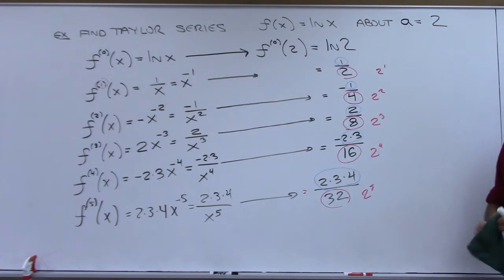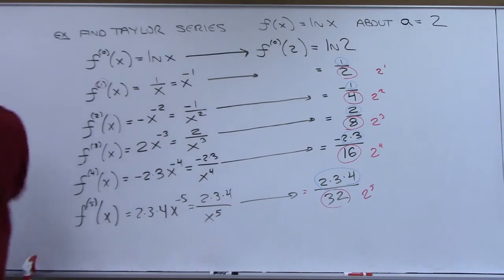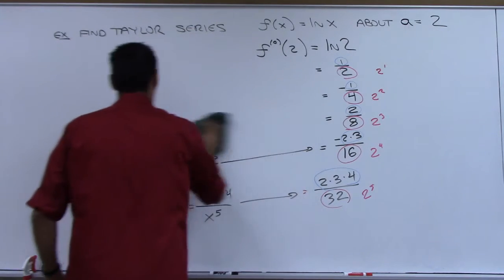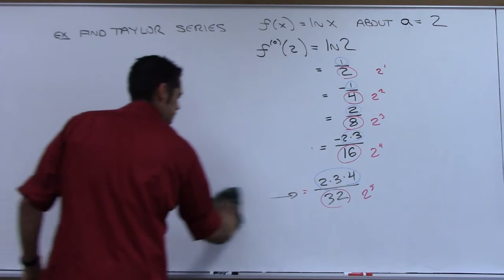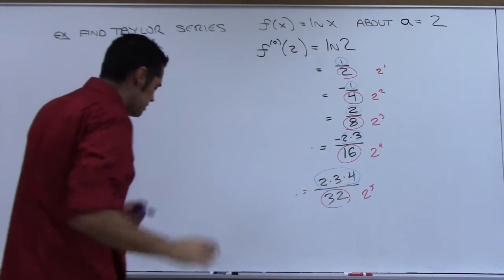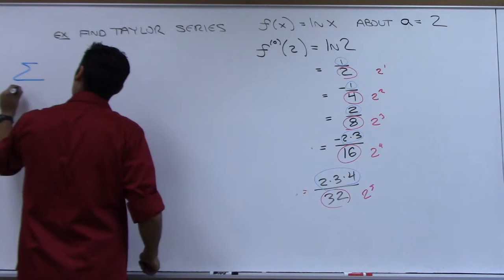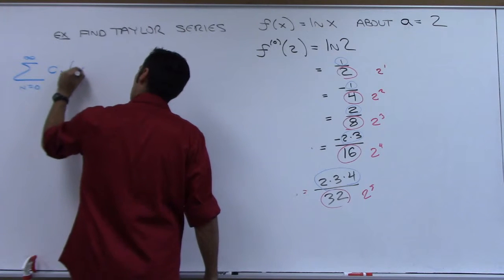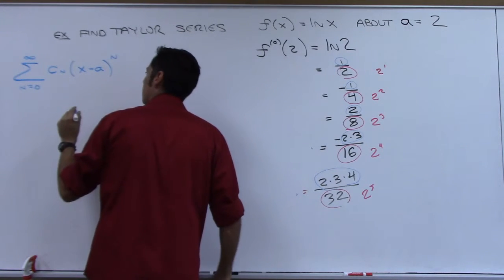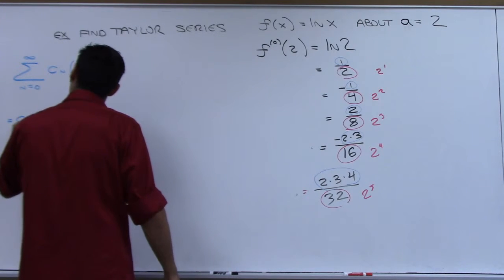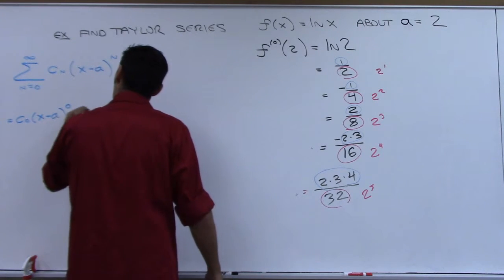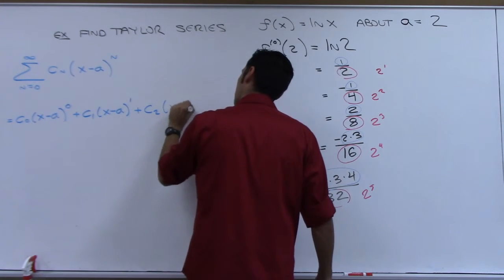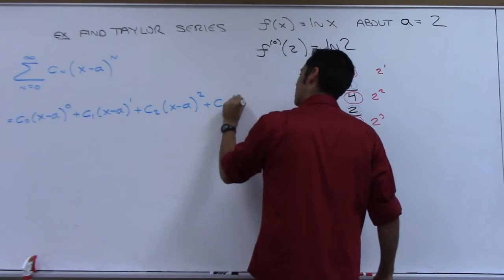Now we have to put it together into a formula. Into the Taylor series, which is this. I'll keep all that over there. All right, the Taylor series should look like the sum from n equals 0 to infinity of c sub n times x minus a to the n, which is c sub 0 times x minus a to the 0, plus c sub 1 times x minus a to the 1, plus c sub 2 times x minus a squared, c sub 3 times x minus a cubed.